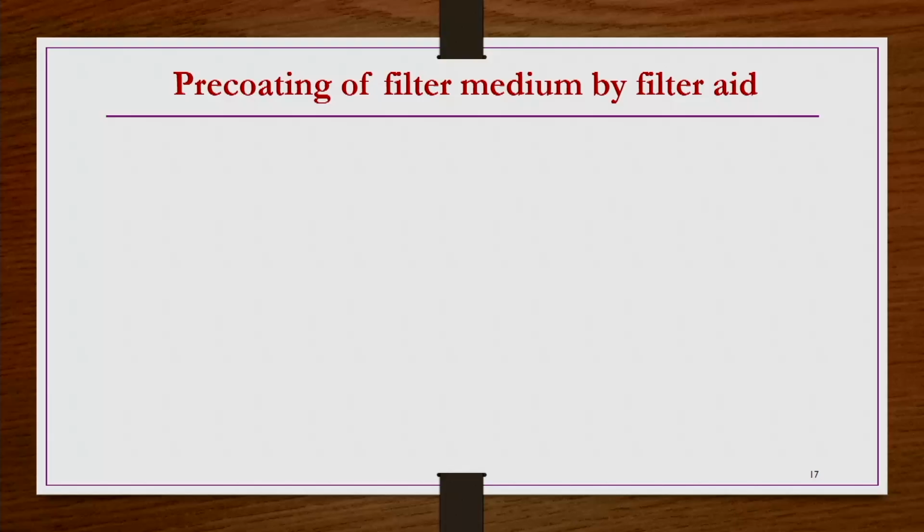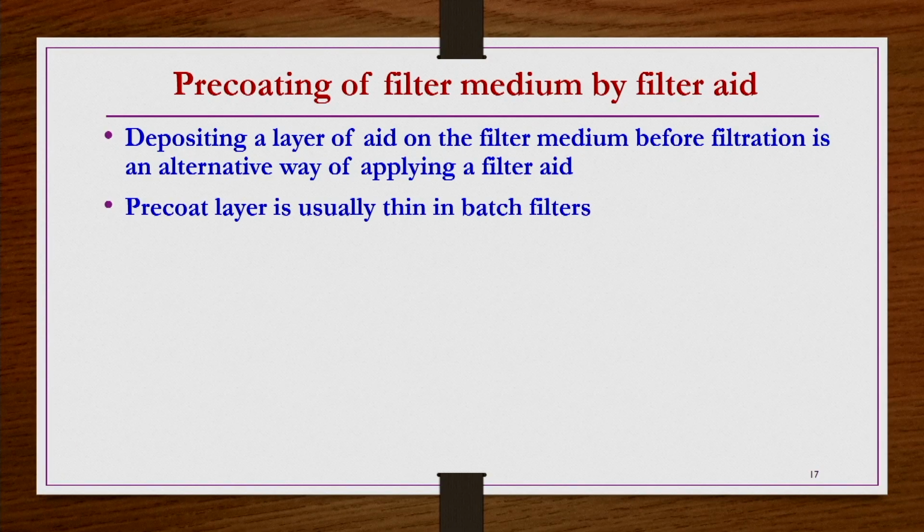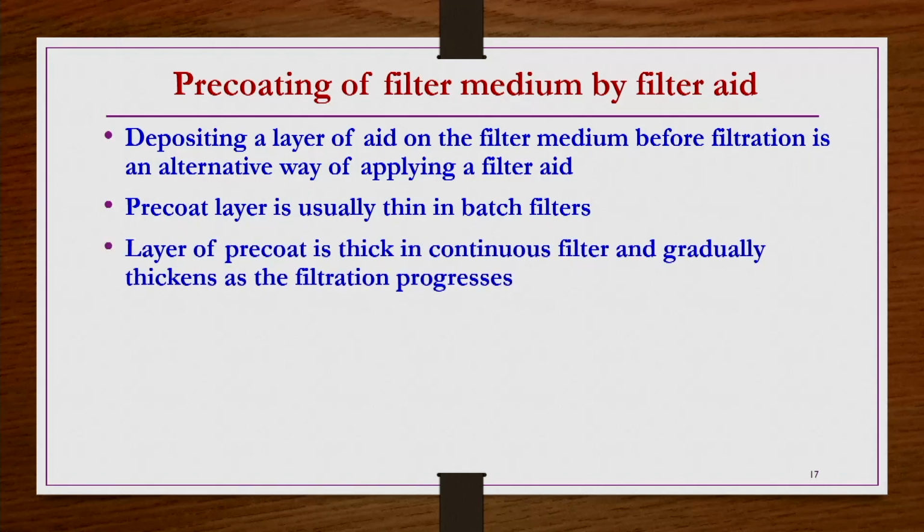The other way of using filter aid is forming a pre-coating layer on the filter medium. Depositing a layer of aid on the filter medium before filtration is an alternative way of applying a filter aid. The pre-coat layer is in general thin in a batch process, but if the filtration is a continuous process, then the layer of pre-coat is thick and gradually becomes thicker and thicker as the filtration progresses.